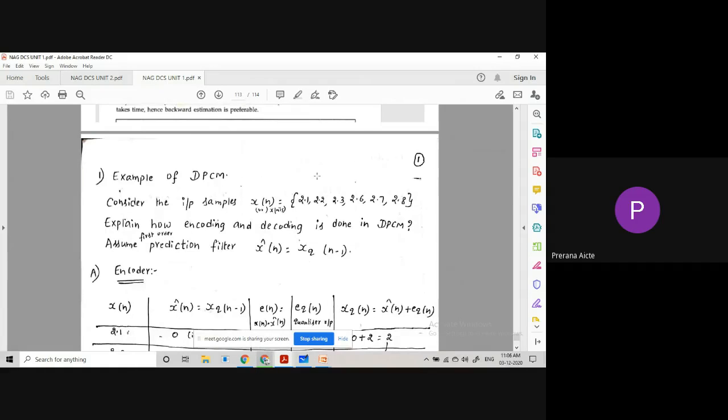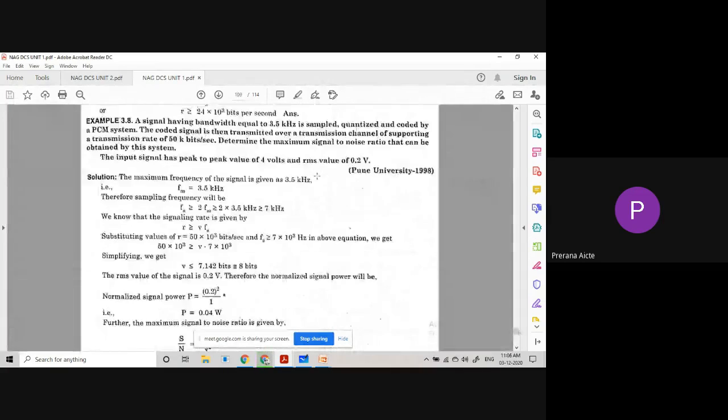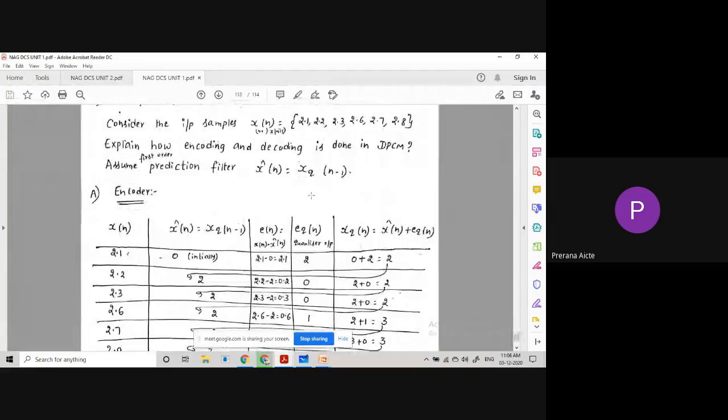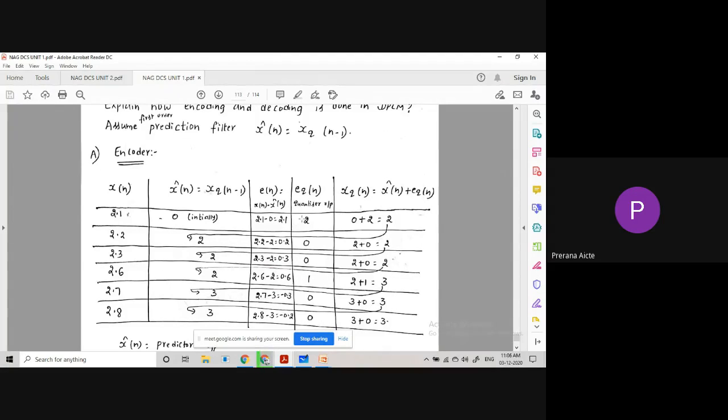See, till now, first we find the error signal, then the quantizer output, then again we have to give an input to the prediction filter. So what is xq of n? The final quantizer output xq of n equals x cap of n plus the quantizer output. Because what does the block diagram of DPCM say?